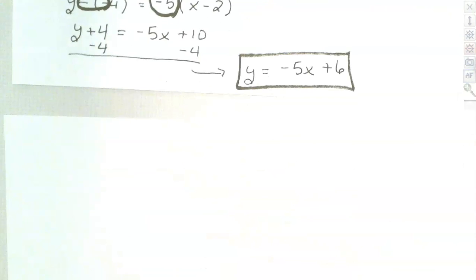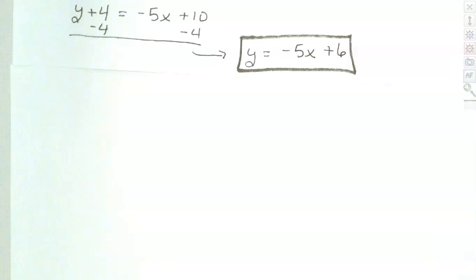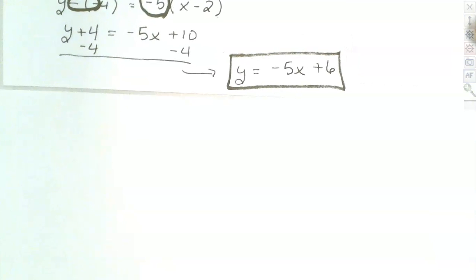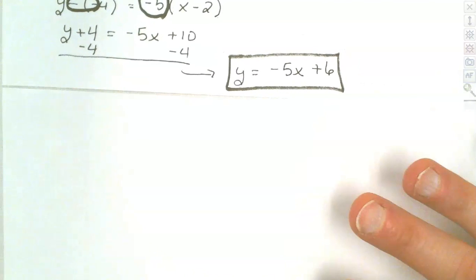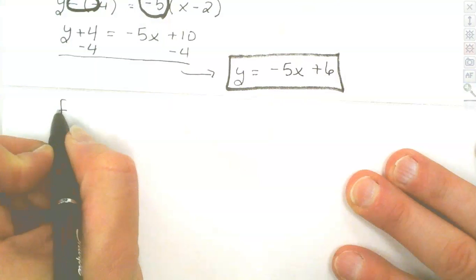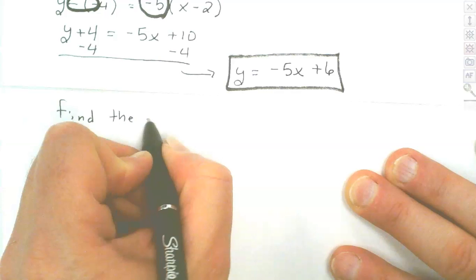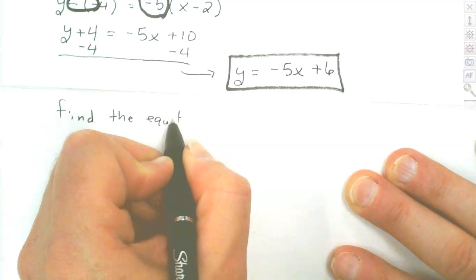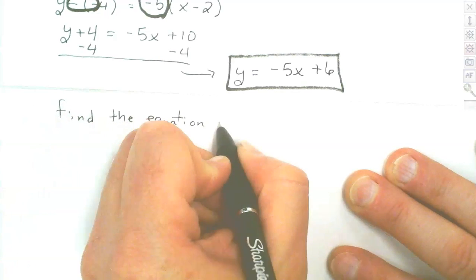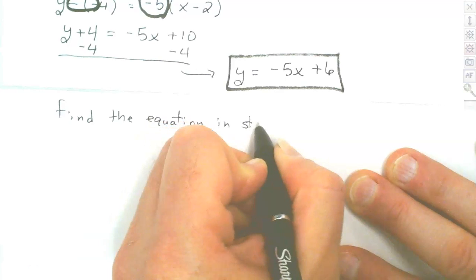We're going to use the same process again. In this case, though, I'm going to have you write it in standard form. So we're going to find the equation in standard form.